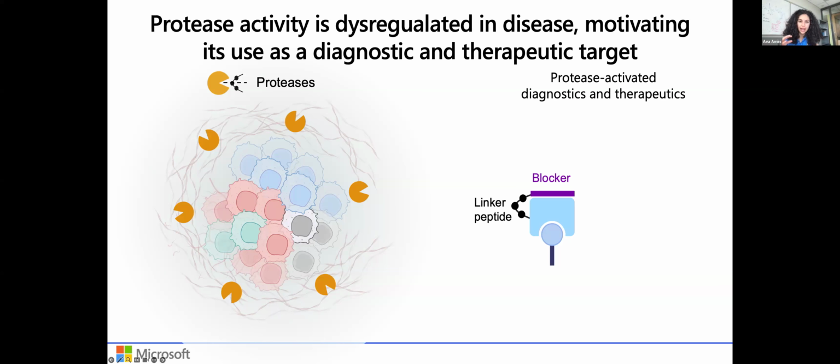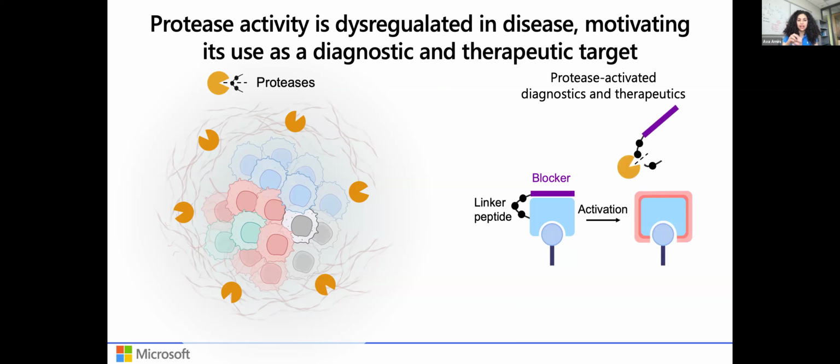And so the general engineering principle behind these approaches is that you have some sort of agent whose activity is blocked by another peptide or another functional group. And you can link this blocker to that diagnostic or therapeutic agent via a peptide that ideally can be selectively and efficiently cleaved by those proteases that are specifically activated in the tumor microenvironment.